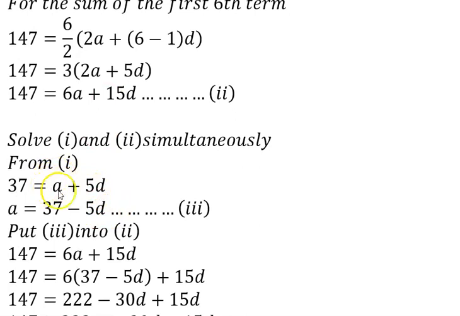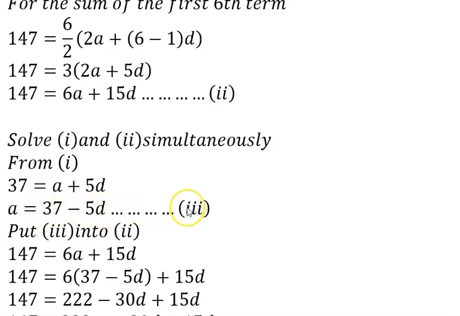So making A the subject of this formula, this is our A. 37 is already here. A is already standing alone. But if this plus 5D crosses the equality sign, it is changed to minus 5D. That's why we have A equals 37 minus 5D.